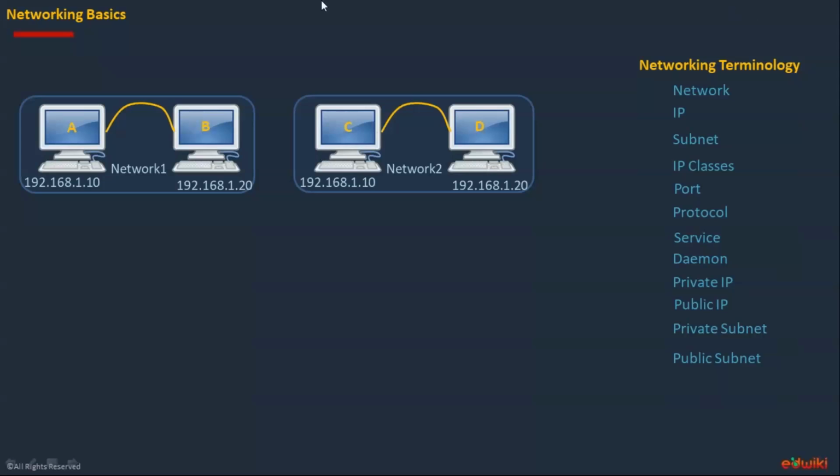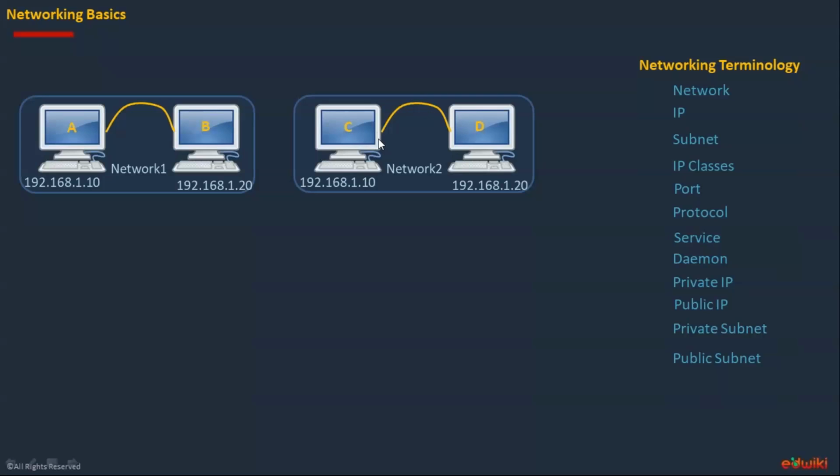So in this scenario, server A can communicate with server B. Yes, obviously, because from the diagram perspective, we understood that there is a cable connected. A and B communicate with each other. In the same way, C and D, both servers can communicate with each other because these two are connected with a proper cable.